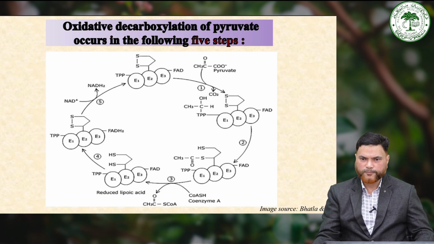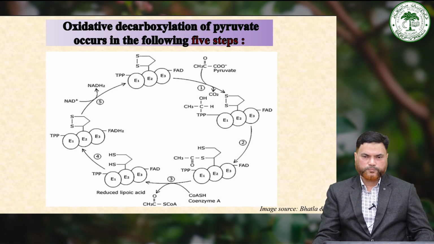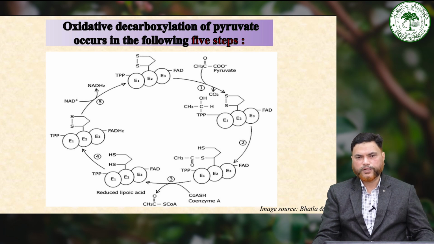This is very crucial. So, this reaction is linked to the removal of TPP and the creation of acetyl dihydrolipoamide, accompanied by simultaneous release of active E1. The hydroxyethyl is then oxidized to an acetyl group through the concurrent reduction of the lipoamide disulfide bond.